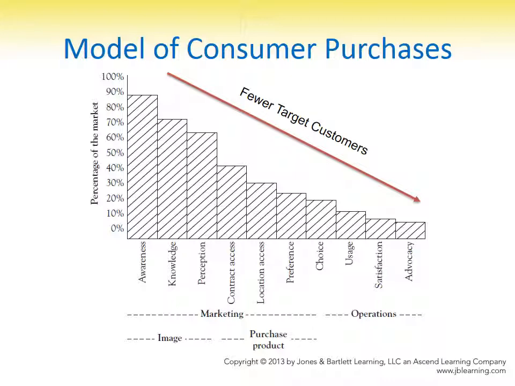So the marketing tries to capture those individuals through awareness, knowledge, perception, and then you start moving into operations: trust, reliability, assurance, choice, usage, satisfaction, and advocacy. So you've got that person out there building that image, they're making the decision to purchase the product, and then it's up to operations to take those fewer target consumers and make them true believers, who then cycle back into the awareness side and are out there helping you spread your awareness as your advocates.